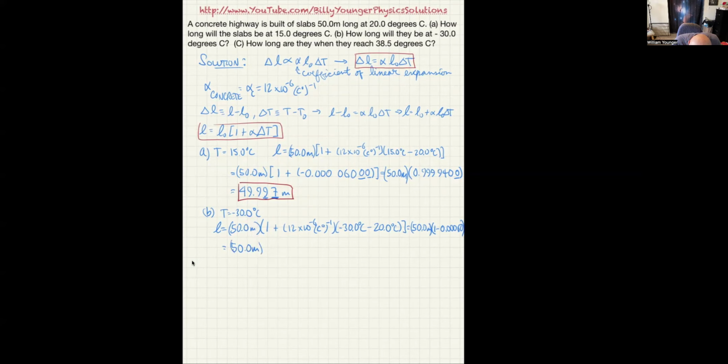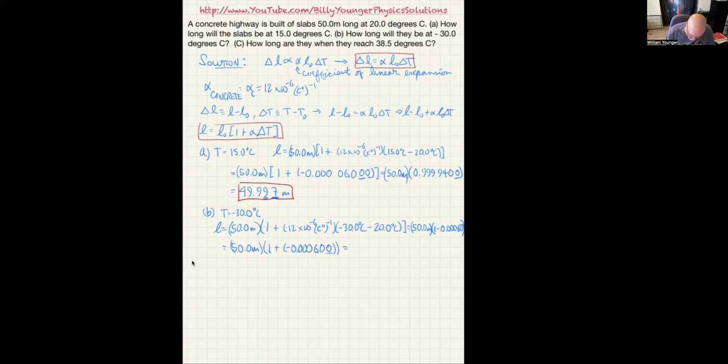50.0 meters times 1 plus negative 0.000 and then 6. But remember, when we did that subtraction, we got 3 sig figs times 2 sig figs, so we really should only have 2 sig figs, and that would mean this 0 is okay, but the next 0 is not.